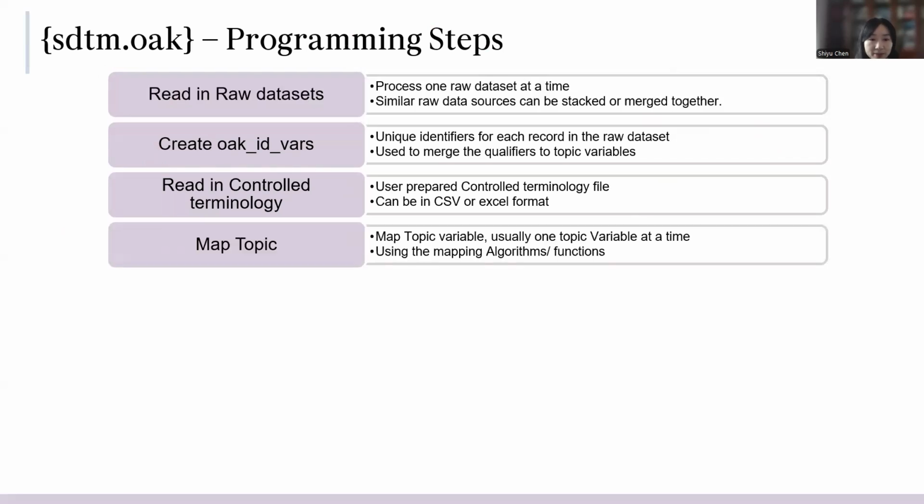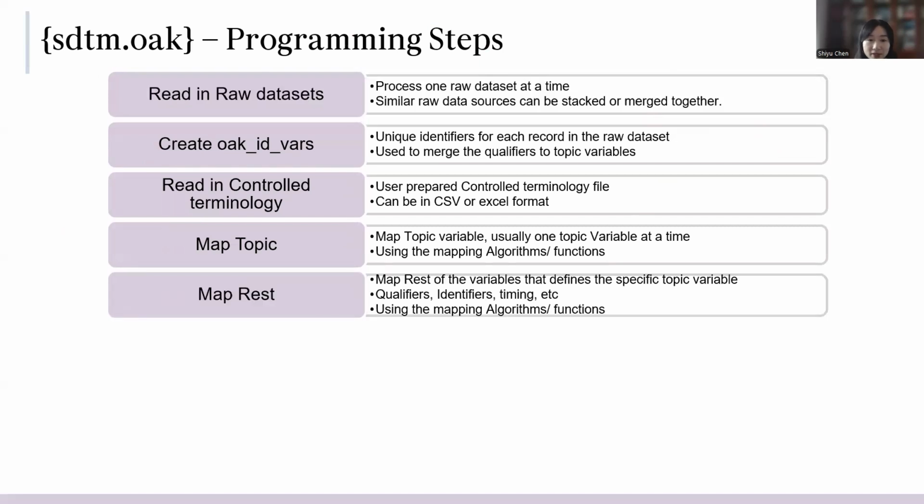And then we can map the topic variable. The package usually processes one topic variable at a time, and we can choose the mapping algorithms that we want to use, such as assign CT, assign no CT. And then we can map the rest of the variables that give additional information to the specific topic variable, like qualifiers, identifiers, and timing. And similarly, we can choose the mapping algorithms we want to use.